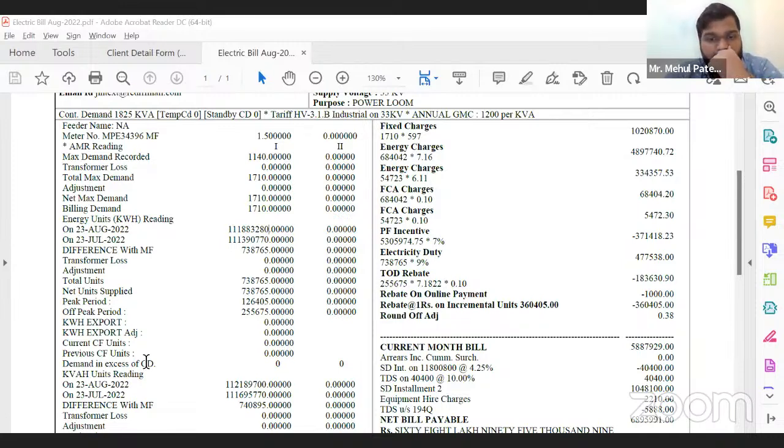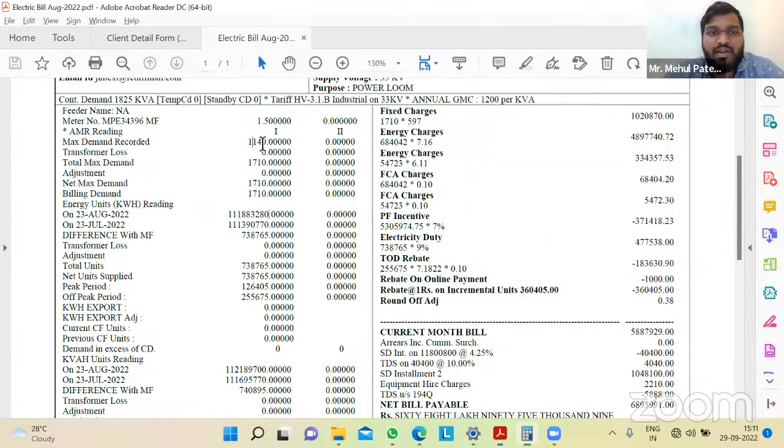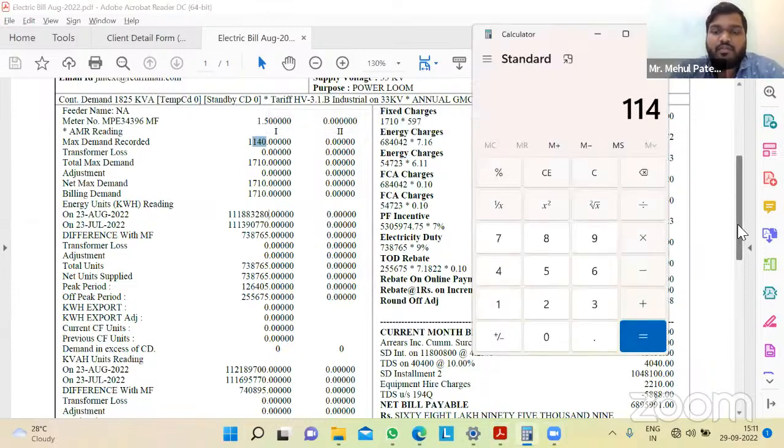I'm opening the calculator so you can see what I'm calculating. 1140 multiplied by 1.5 gives 1710.